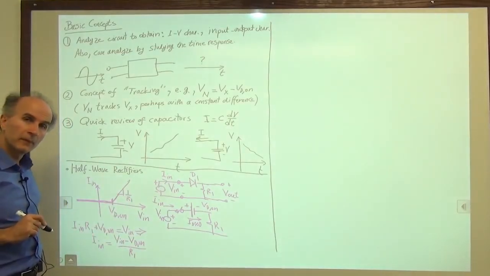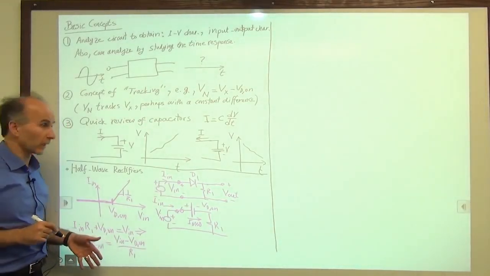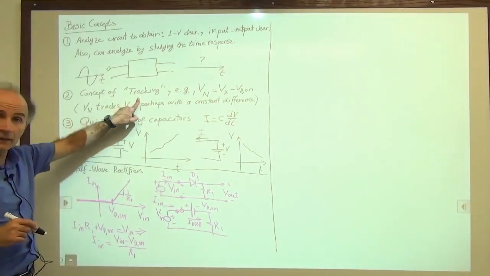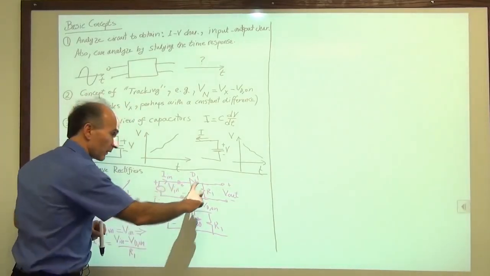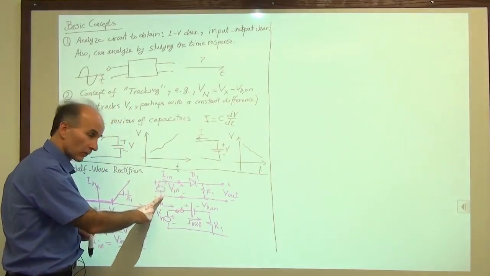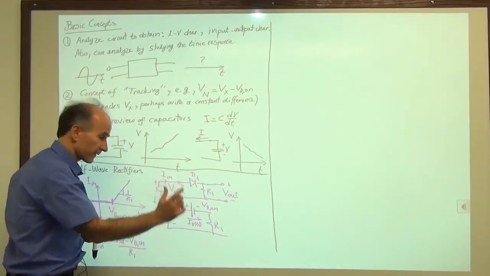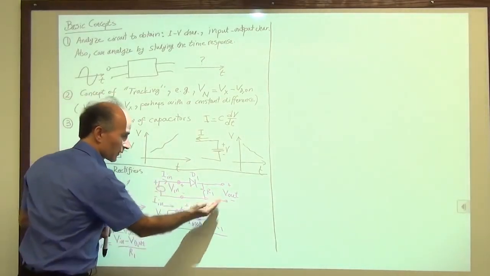Another way of quickly writing this is to do the following. Remember the concept of tracking? Well, we see that after the diode has turned on, this voltage tracks this voltage, right? It tracks this voltage with a difference of VD on. So as this voltage goes up, this voltage also wants to go up.